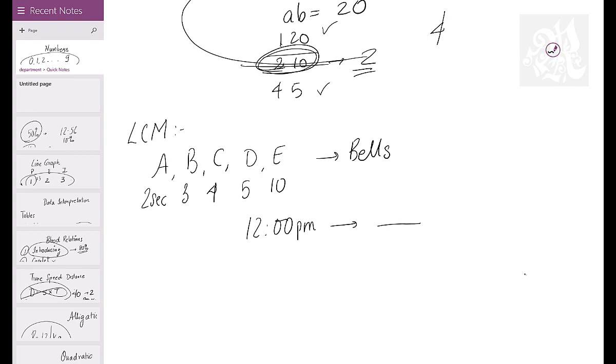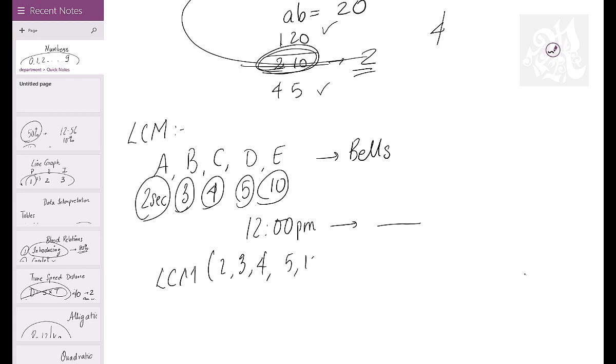So now we know this one is going to have a 2 second interval, this a 3 second interval, this a 4 second interval, 5 and 10. What I do is I'll take the LCM of these numbers. Why? I'll tell you. What is the LCM of these numbers? 60. Yeah, 60 is the LCM.